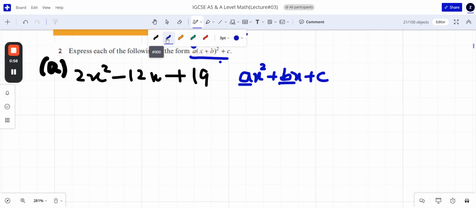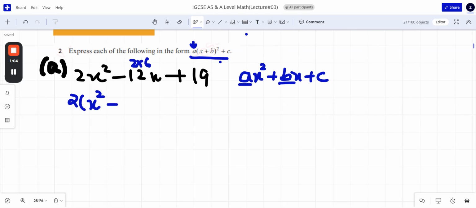In the first step, when we take 2 common, what is left is x square minus 6x plus 19, since 2 times 6 is 12. We have now factored out the coefficient of x square.